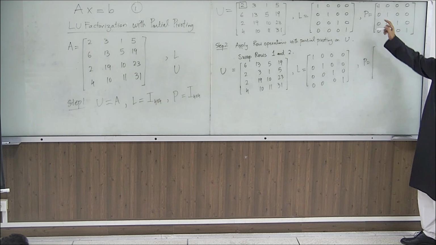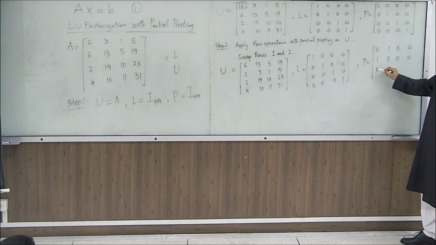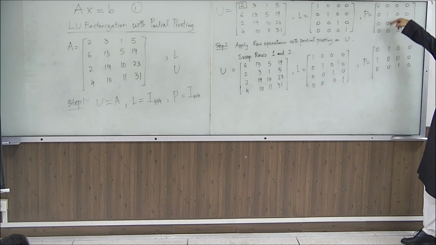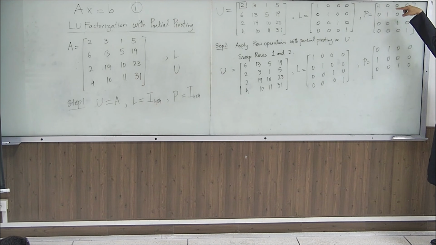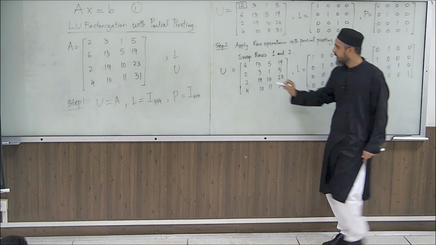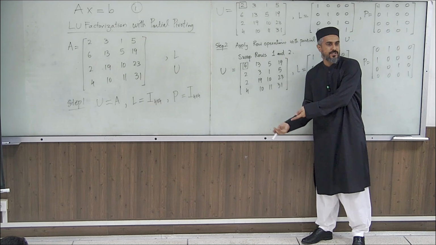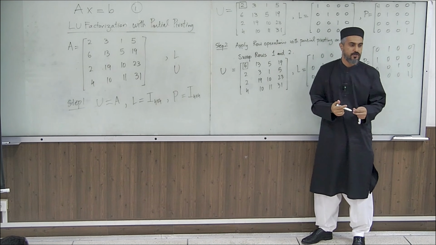So I'm going to change the rows of the matrix P. So we got this, then we have this. You see, I just changed the first and second rows, as I did with the matrix U. 0, 1. Now I have a pivot element. Using this pivot element, I'll do the row operations as I did in the Gauss elimination.